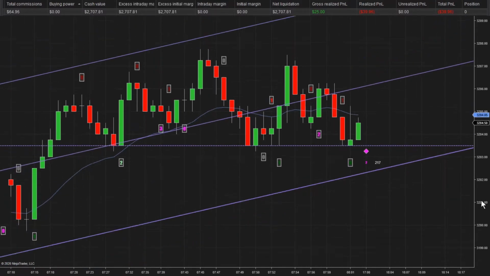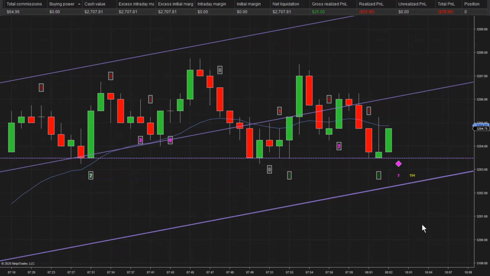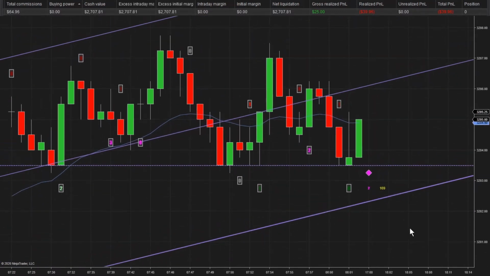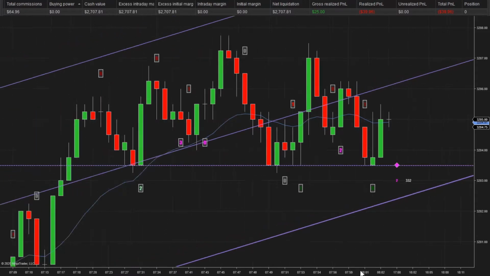Again, not entering is... Alright, so we got bulls still fighting. Maybe it was a good entry. I just don't like this candle here. This candle shows me that sure, bulls are there, but bears are also here, continuing to make lower highs on the wicks.